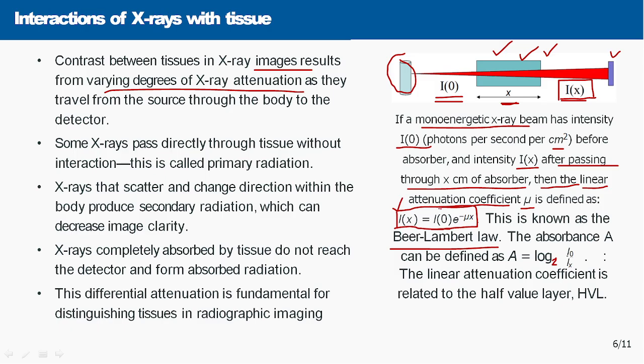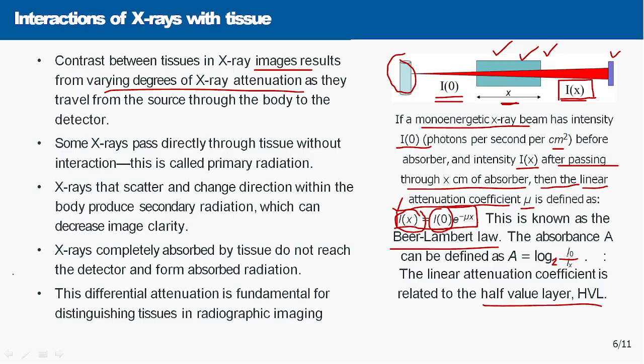I0 means the initial intensity, Ix means the intensity after passing through that mass. So this ln I0 by Ix will give you the absorbance. The linear attenuation coefficient is related to the half value layer. We will see what the half value layer is.